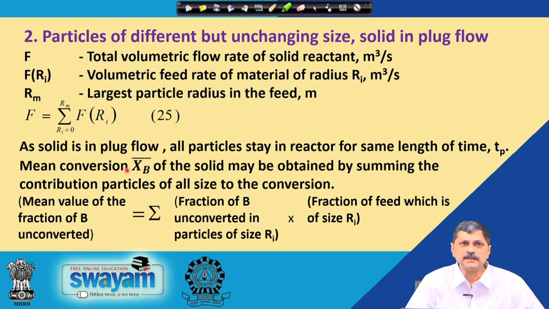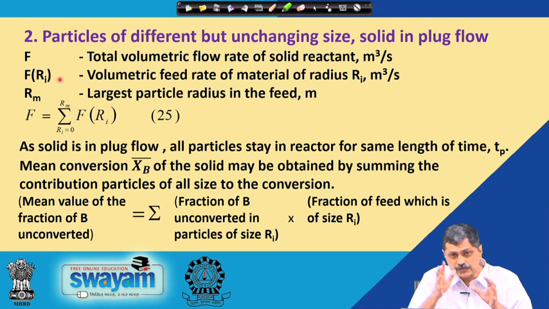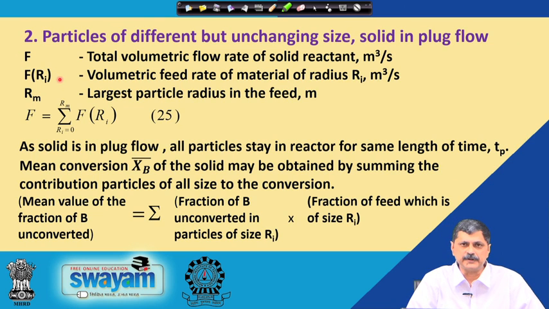So, here we will denote the total volumetric flow rate of the solid particles as F, and F of Ri is the volumetric feed rate of the solid particles which have a particle radius of Ri, and Rm is the largest particle radius of the solid particles. So, that means the size varies from 0 to Rm. So, of course, F is equal to the summation of F of Ri, from Ri varying from 0 to Rm.